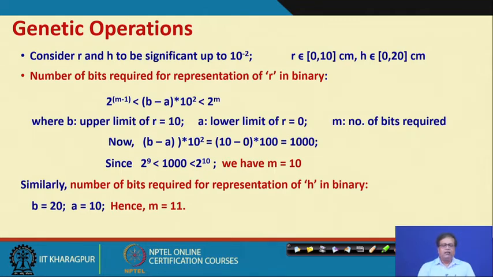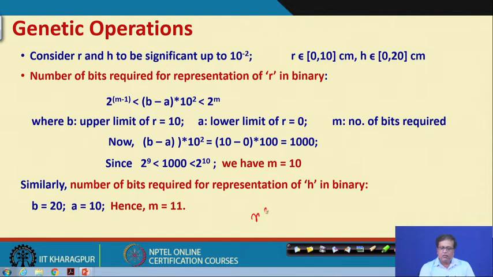The encoding requires r between 0 to 10 and h between 0 to 20. So, for r, a is 0 and b is 10. 2 to the power m minus 1 to 2 to the power m should be b minus a into 10 to the power 2.